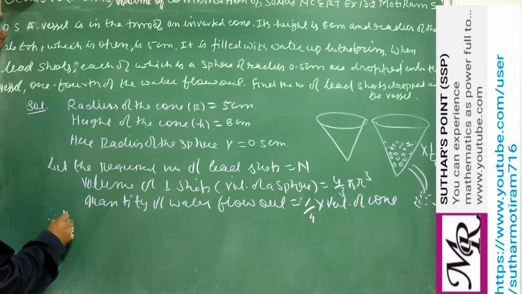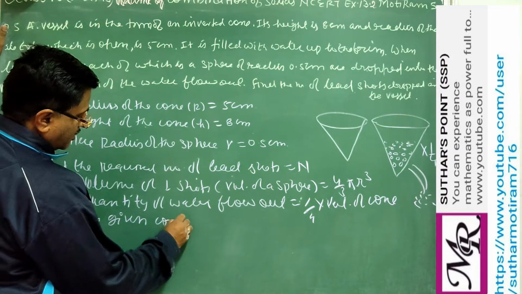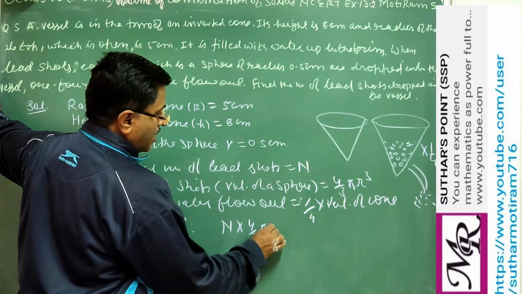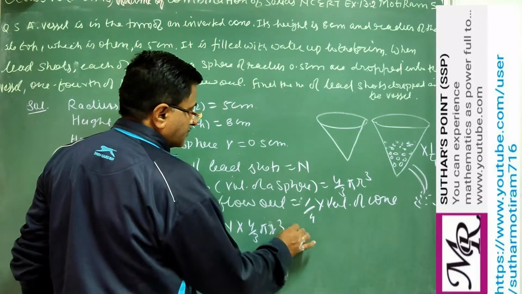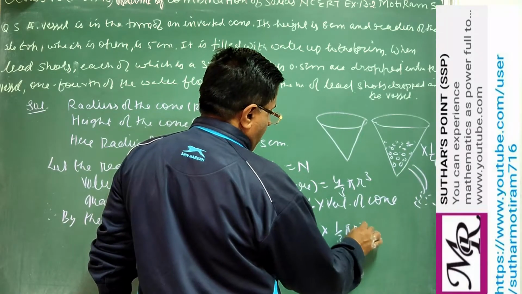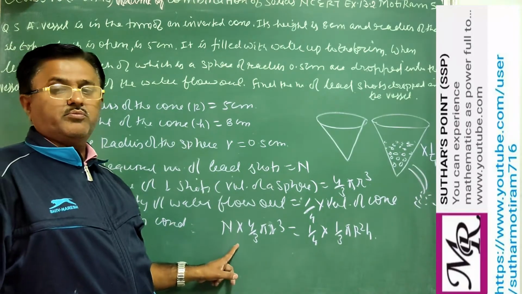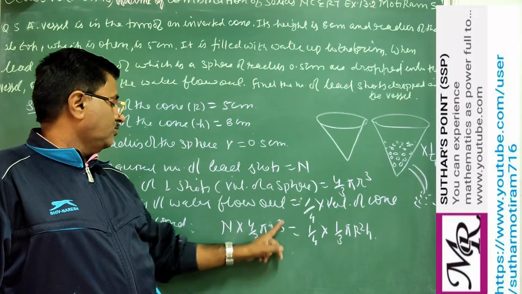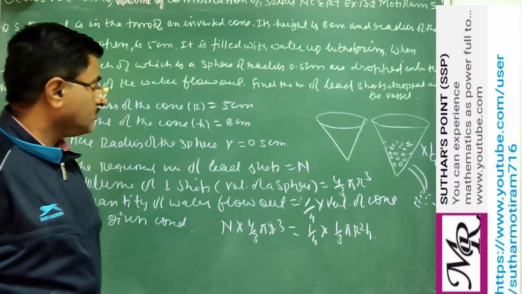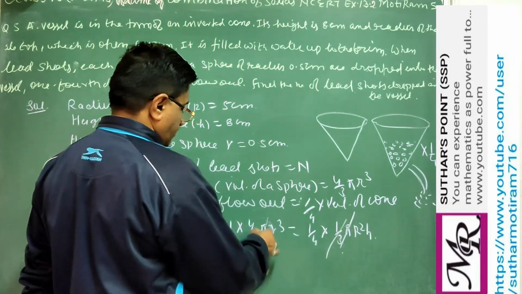So by the given condition, n into 4/3 pi r cube equals 1/4 volume of the pond, that is 1/3 pi R square H. This result is very important: n into the volume of one shot equals 1/4 volume of the whole pond. So common terms you may cancel, pi to pi, 1/3 to 1/3.